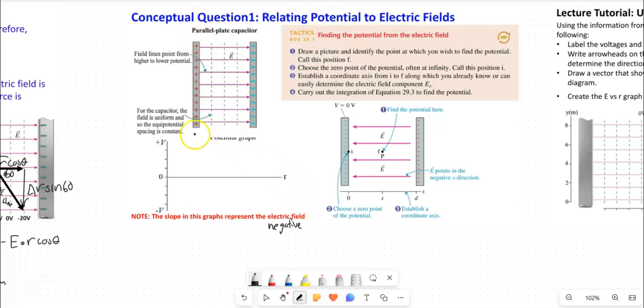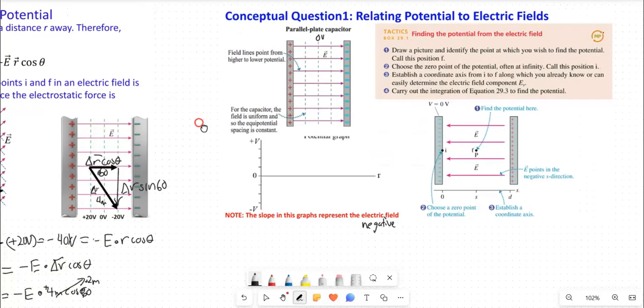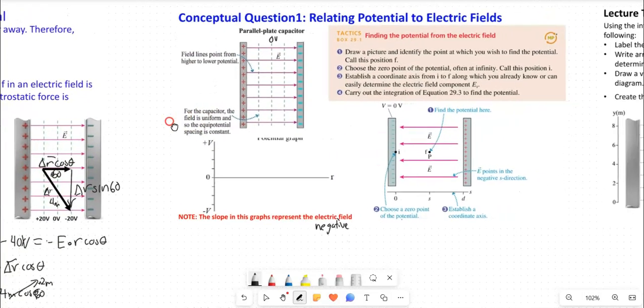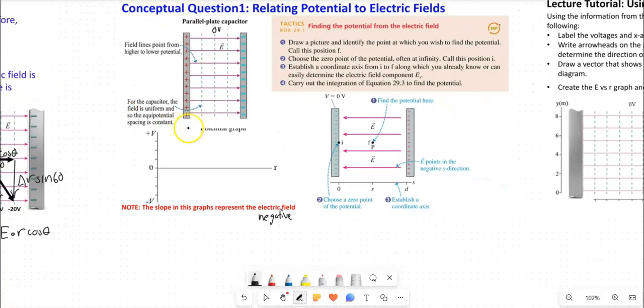So let's plot this slope right here. This is going to be the 0 volts, right? So this is basically the capacitor just to its left right here. Anyways, this first voltage line is really high, and then it's going to fall to 0 here, and then it's going to go down here. Okay?